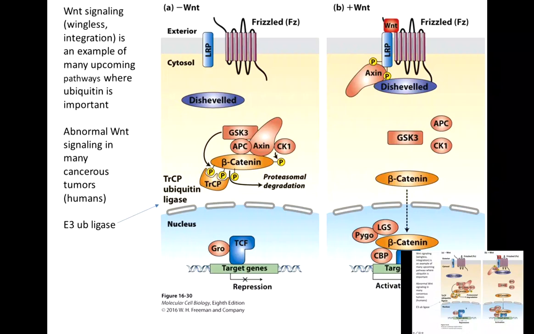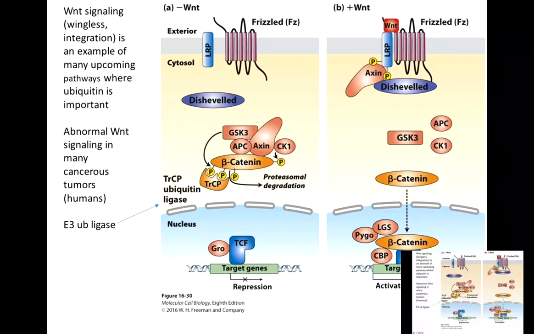As a result, TCF, a transcription factor, normally would activate the target genes it's binding to, but Groucho, which is a transcription factor, is preventing TCF from activating these genes. So no Wnt, genes don't get activated.